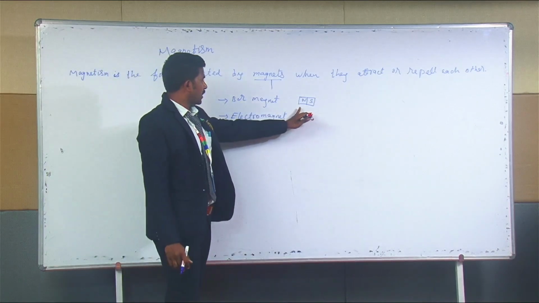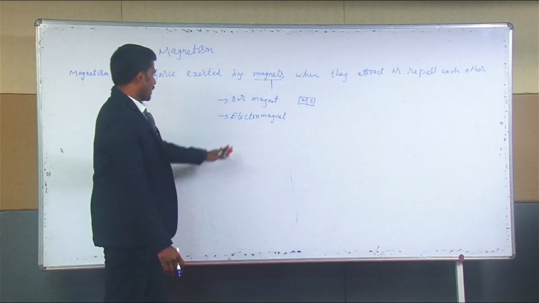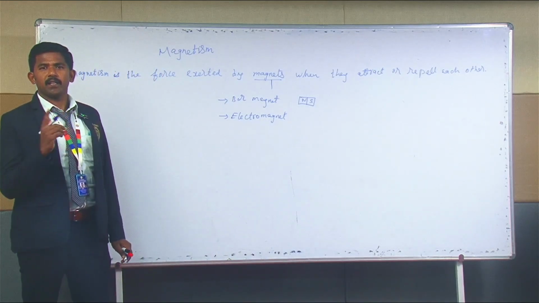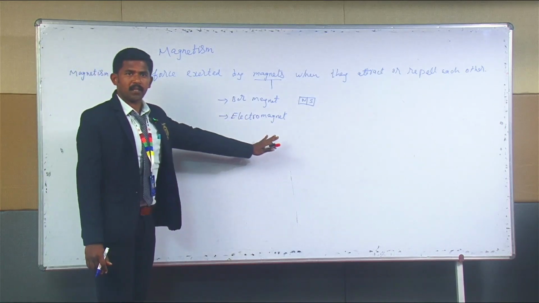A bar magnet contains two poles, north pole as well as south pole. An electromagnet is nothing but a solenoid, a current carrying loop. It creates a magnetic field, and it also acts as a magnet.